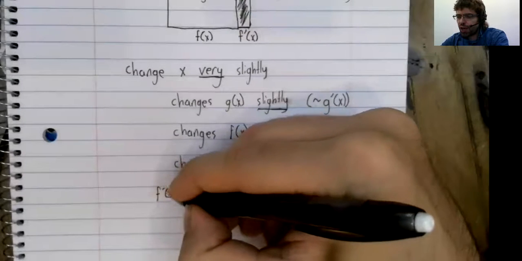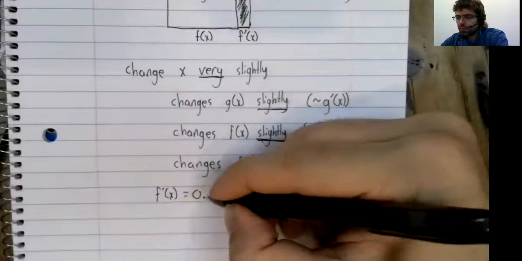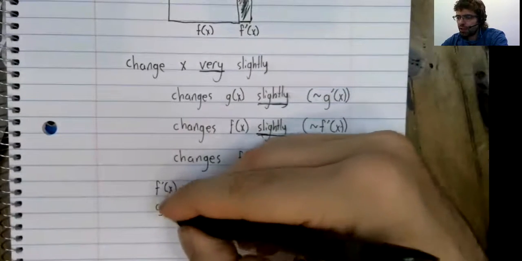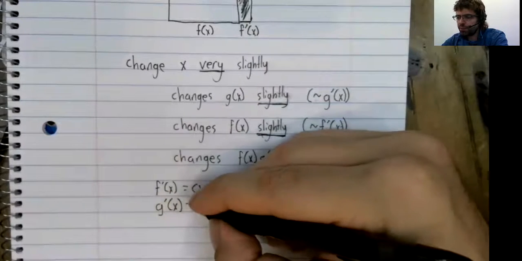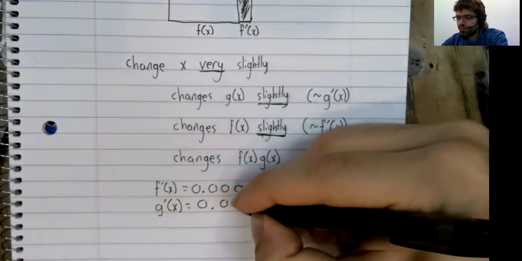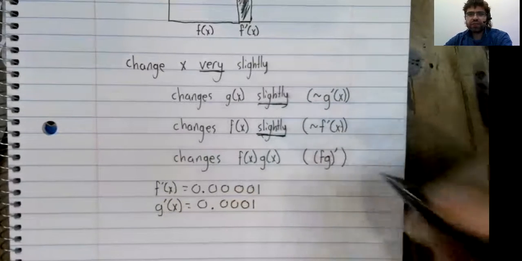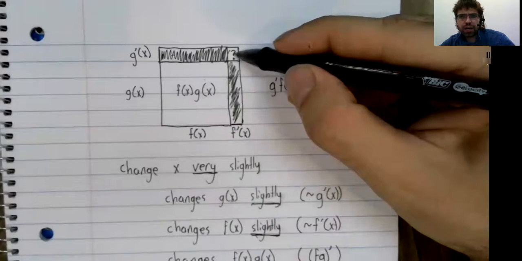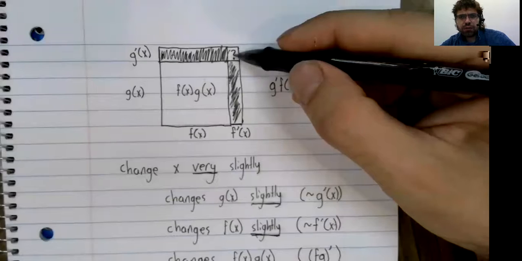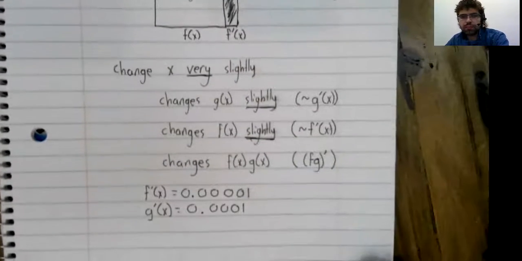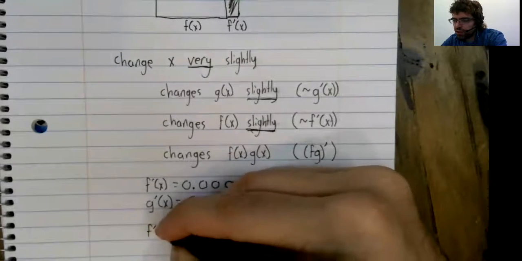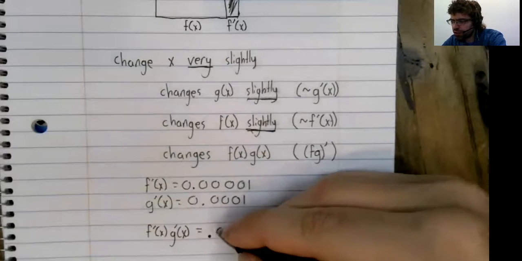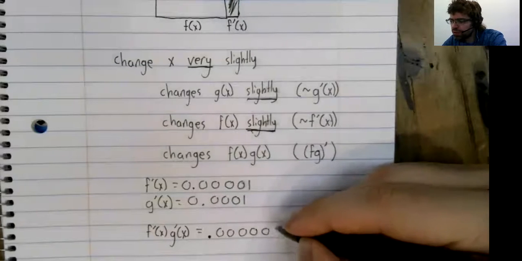And if f prime is very small, and g prime is very small, then f prime times g prime, this area up here, is so small.